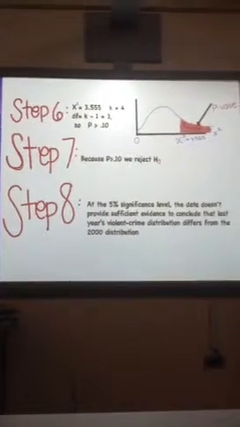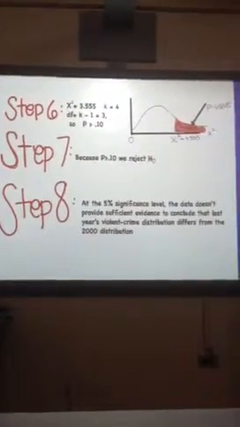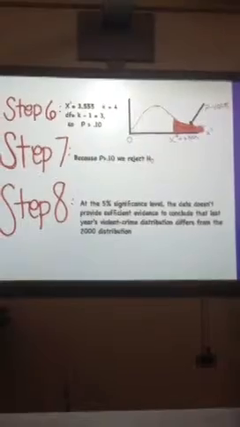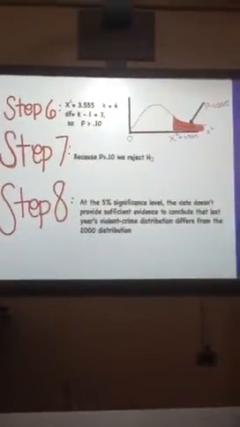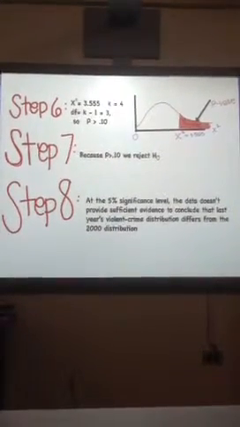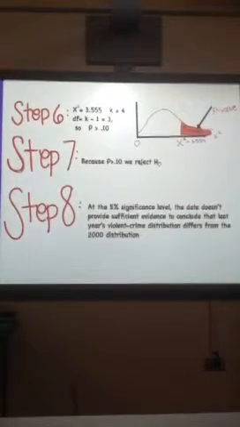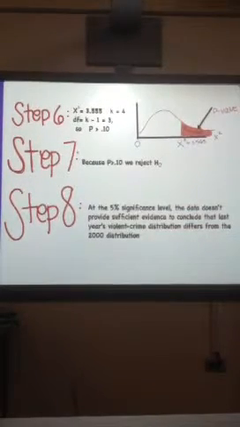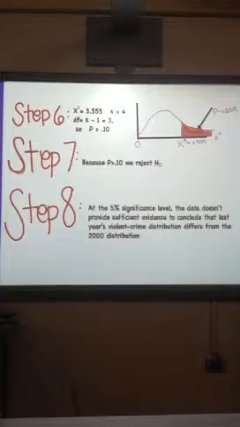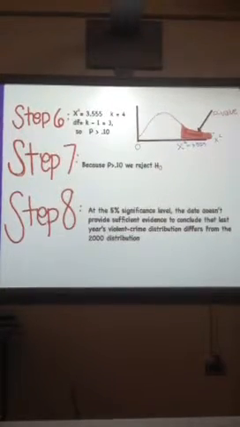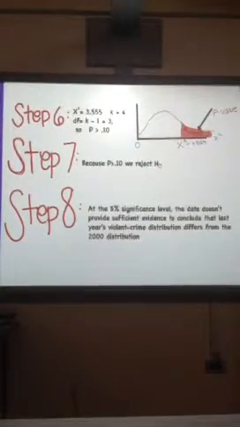Step 6. Chi-squared equals 3.555. K equals 4. The degrees of freedom equals k minus 1, which equals 3. So, the p-value is greater than 0.10. Step 7. Because p is greater than 0.10, we reject H0.